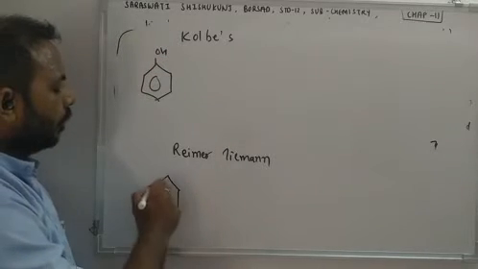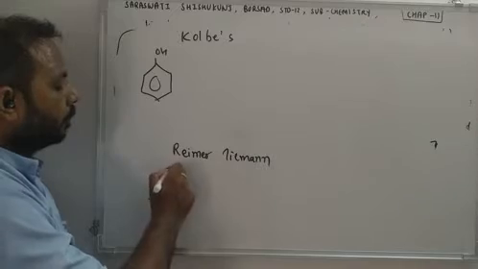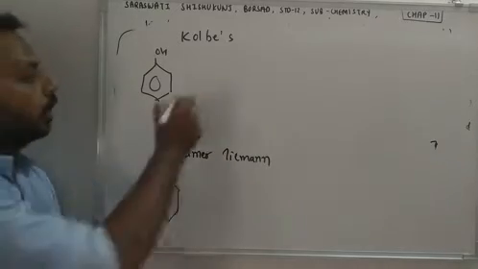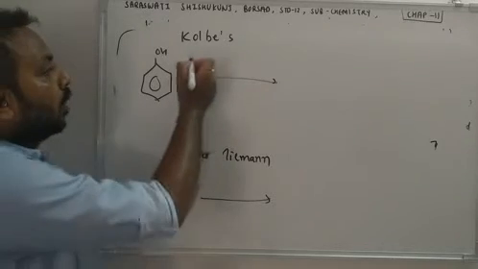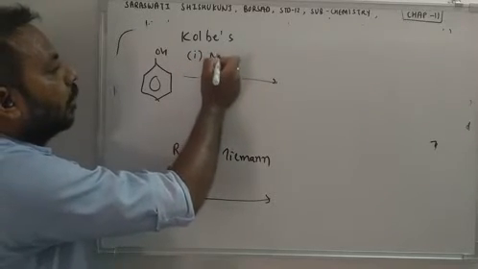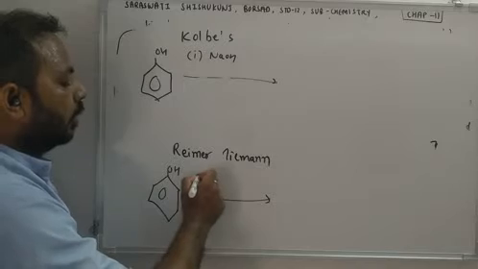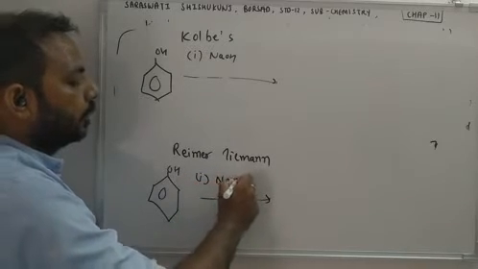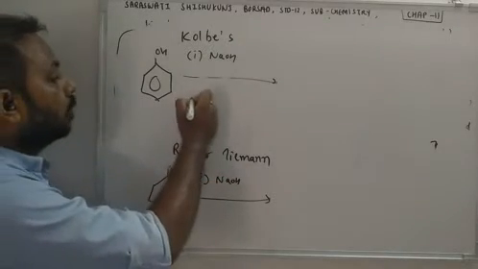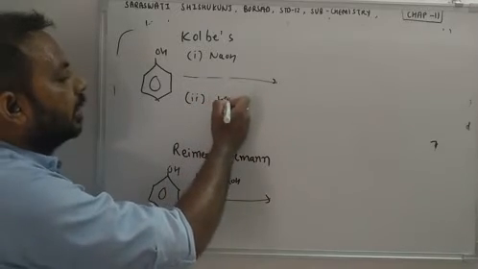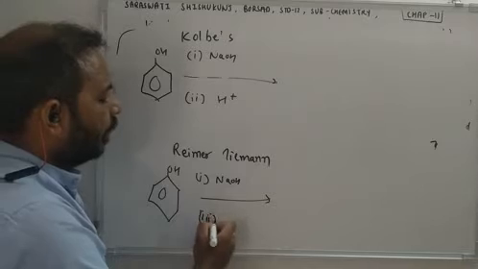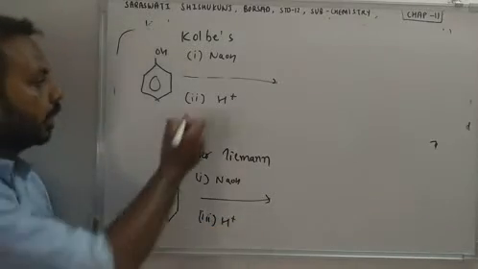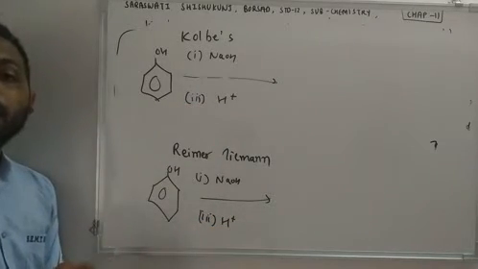The first step is common in both reactions, that is, addition of NaOH. The last step is common in both reactions, acidification, so we are adding H plus. The last step is common in both reactions.